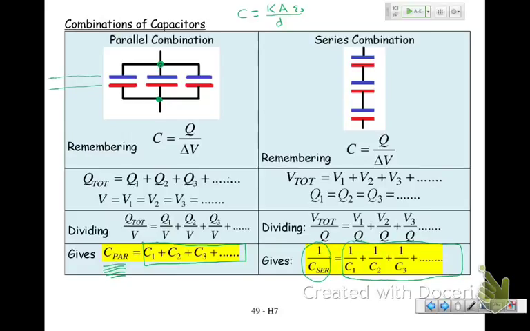Most common mistake, people get these backwards. So they think the equation for series is the equation for parallel. So my advice is you write down C par and C ser, so you know. And then the second mistake is people don't, so always try and write in full sentences. Don't put down C1 plus C2 plus C3, because that doesn't equal anything.